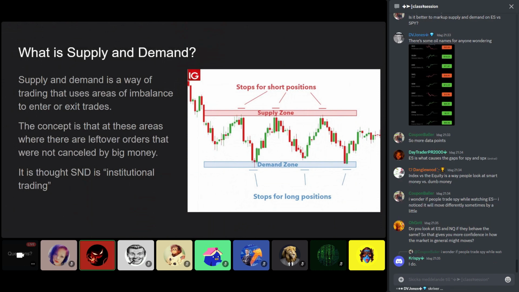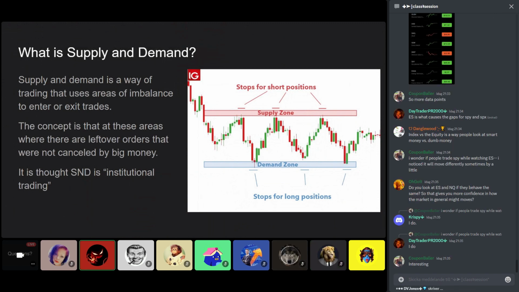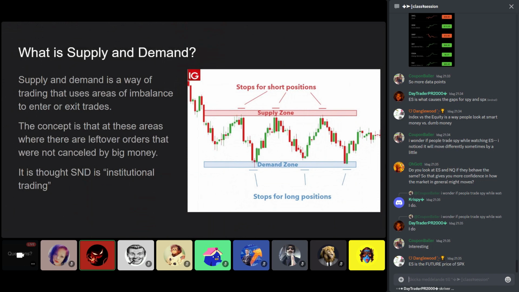Do you look at ES and NQ to see if they behave the same? Confidence? Yes, that is important. ES and NQ, most of the time, should be moving roughly the same. A lot of the large market-leading equities in ES and NQ are the same. Apple and Microsoft are still two of your biggest ones in both.